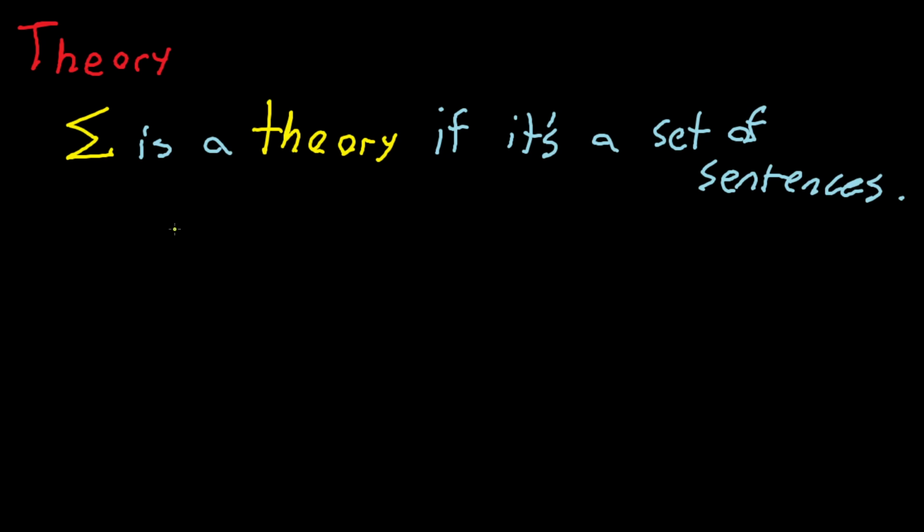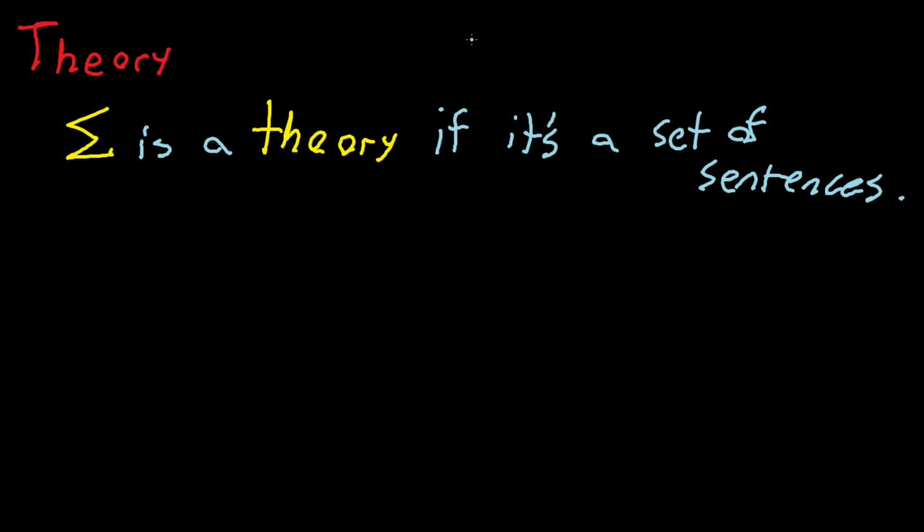The difference is one set is very small, almost as small as possible, and one set is as large as possible, so we'll talk about that distinction later. But for now, we'll prove some things that apply to both sets of axioms and maximal theories. So we'll just consider this definition beginning with a set of sentences.